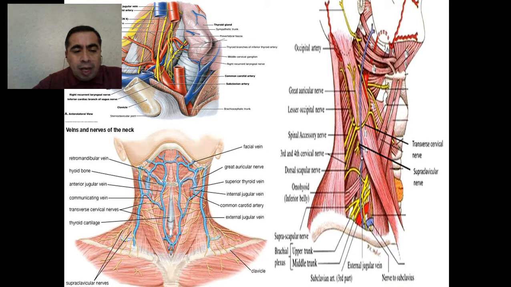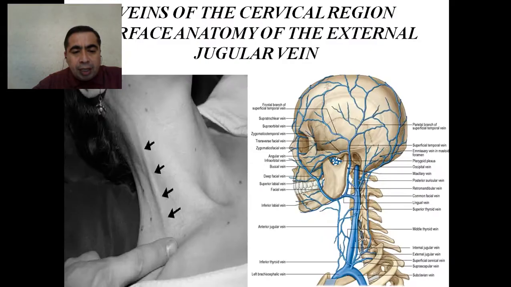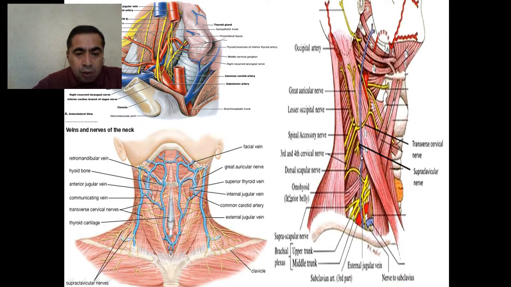You are looking at the way of this vein, and please pay attention to the anterior jugular vein. Two anterior jugular veins connect with each other and form the arcus, arch. This arch is located above the manubrium sterni, because the fascia of the neck inferior to the hyoid bone is divided into two plates, anterior and posterior.